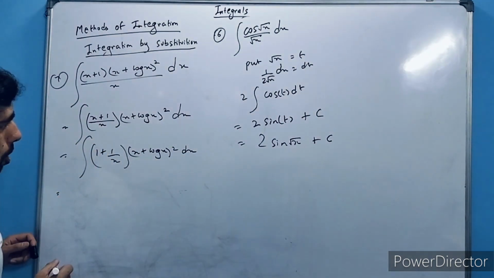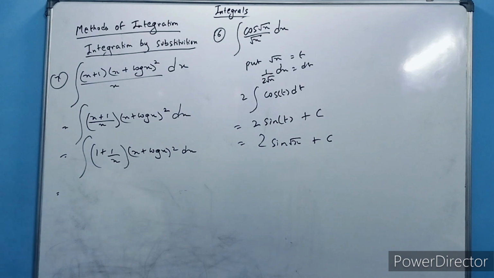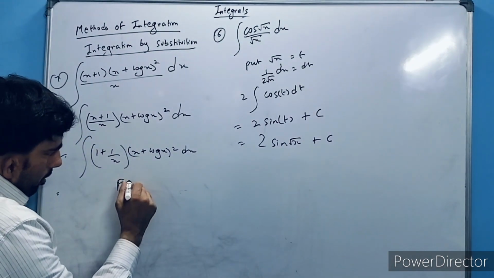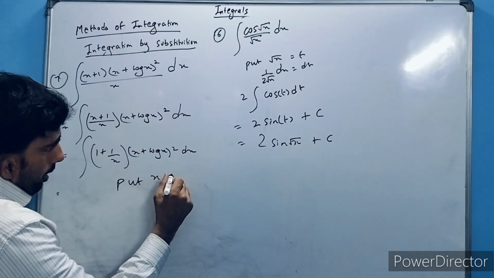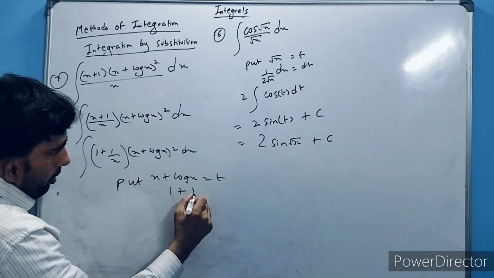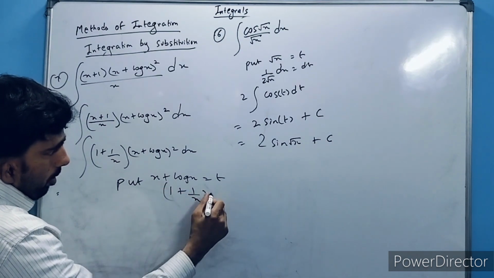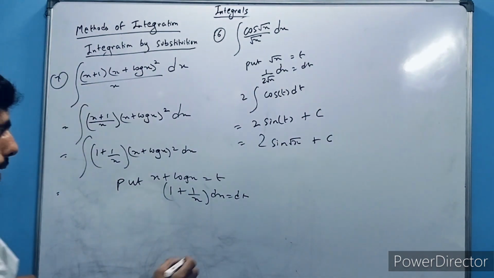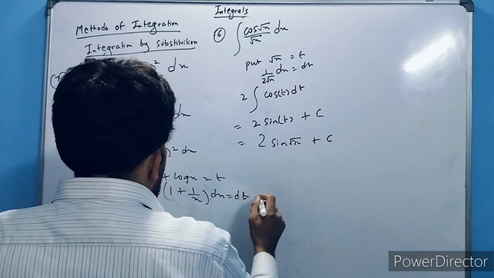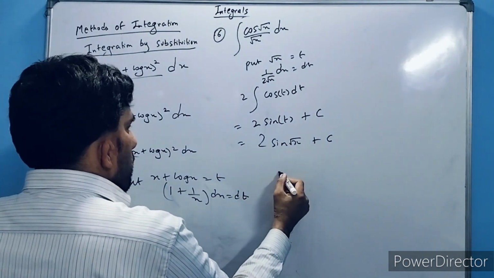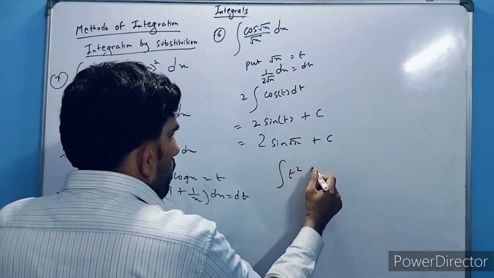Okay, so now we'll see what we can do here: put x plus log x is equal to t, so that 1 plus 1 upon x dx is equal to dt. So what I got here is, put dt for the dx term, so I got t square dt.